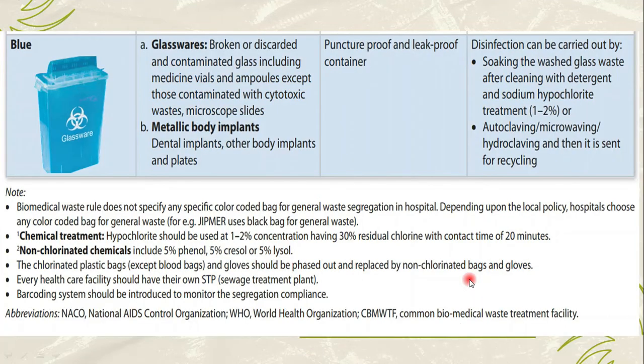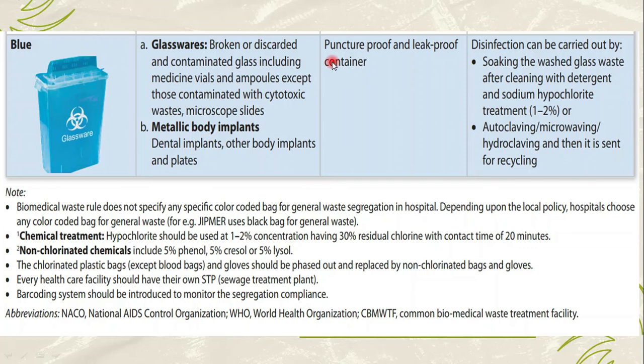Another type of dustbin is the blue color dustbin. In the blue color dustbin, we usually discard glasswares and metallic body implants. Glasswares like broken or discarded and contaminated glass, including medicine vials and ampoules, except those contaminated with cytotoxic waste, and microscope slides. Metallic body implants like dental implants, other body implants and plates.